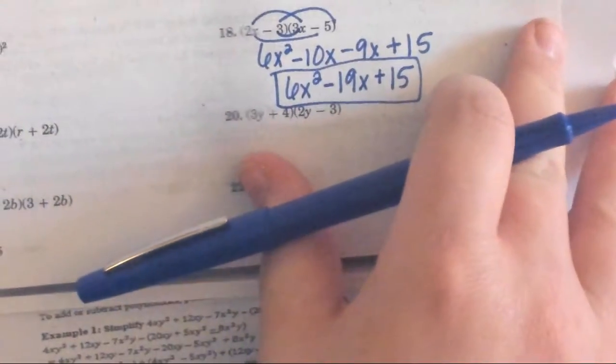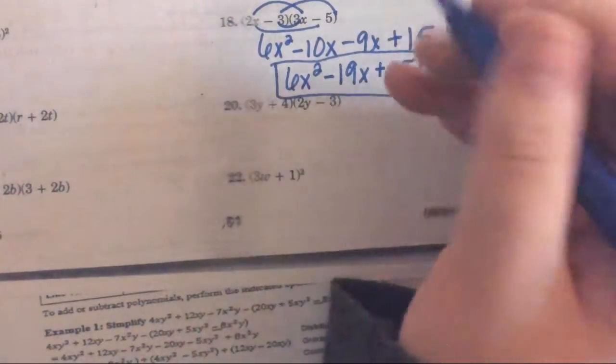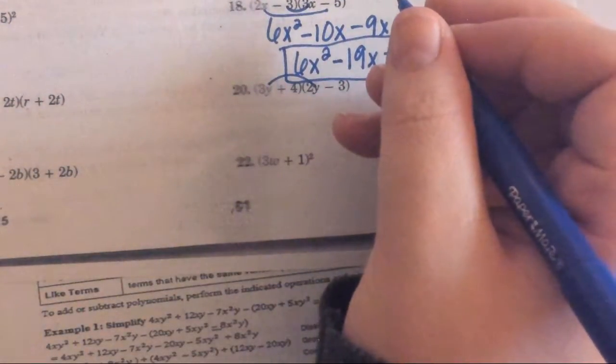20. I need the answer to number 20 when you FOIL. I don't care if you haven't combined the outer and the inner yet.